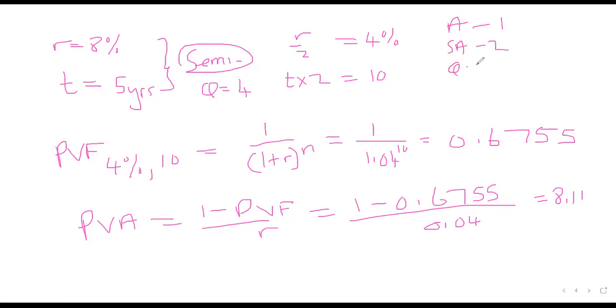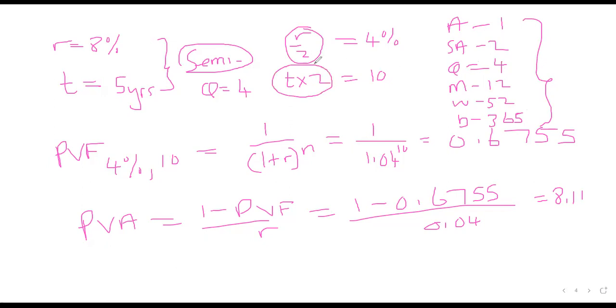Quarterly means what? 4 times, monthly means what? 12 times, weekly means what? 52 times, daily means 365. So if it's quarterly, we divide the interest rate by 4 and multiply the time by 4. If it's weekly, 52. And as has been done there, that's the pattern that you follow. All interest rates are divided, all times are multiplied.